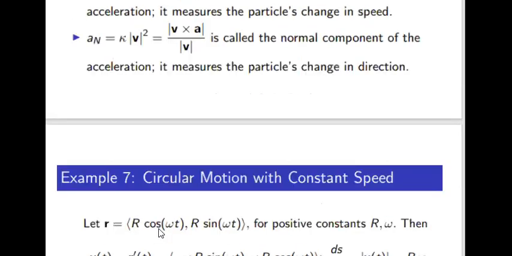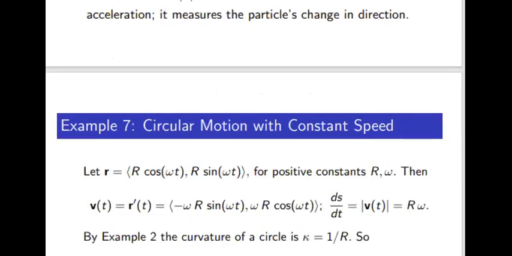So let's discuss a small example. Let's say a particle is rotating around a circular path centered at the origin, and the radius is uppercase R, and that particle is moving with this angular velocity along the circular path.